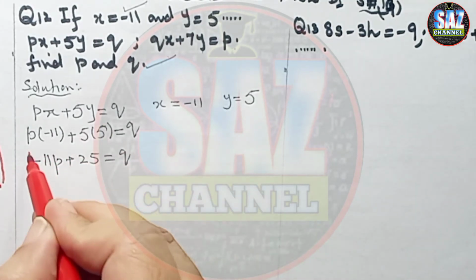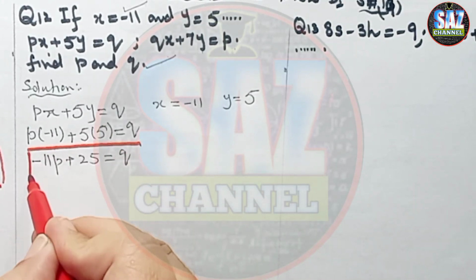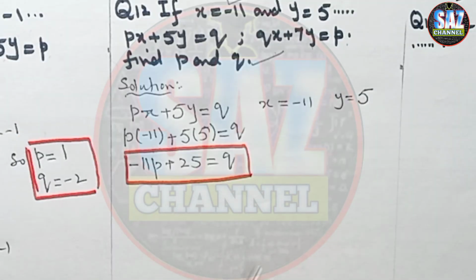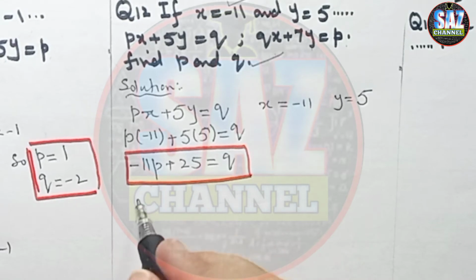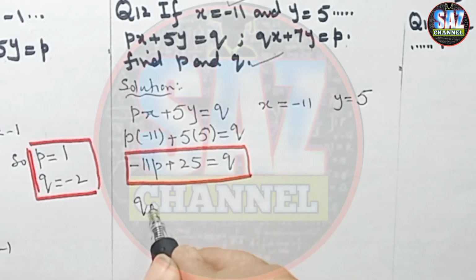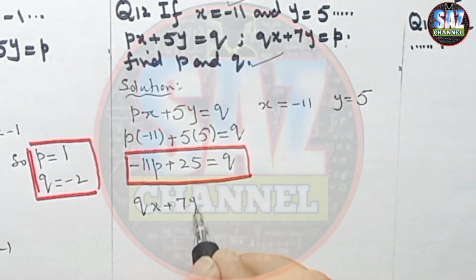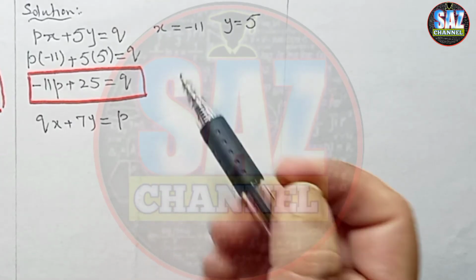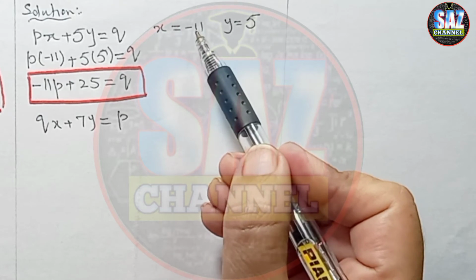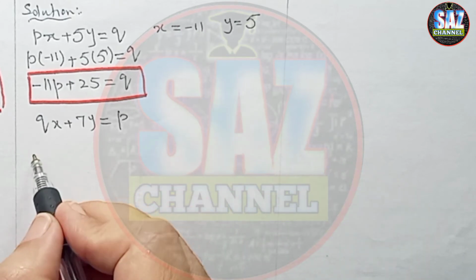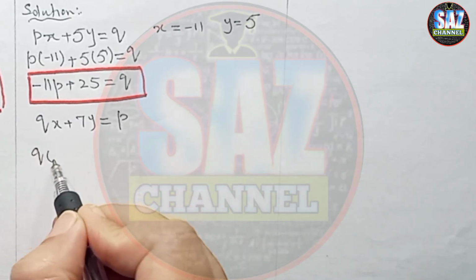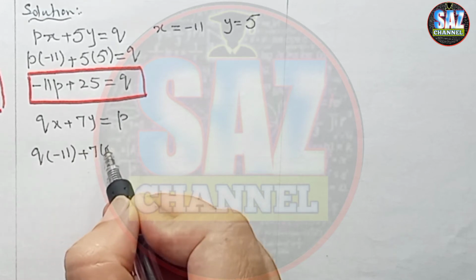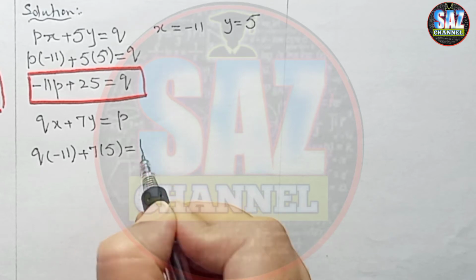Okay, and now we have to take the second equation, that is qx plus 7y equals p. Again we have to replace x by minus 11. So it will take the form q into minus 11 plus 7 into 5 equals p.